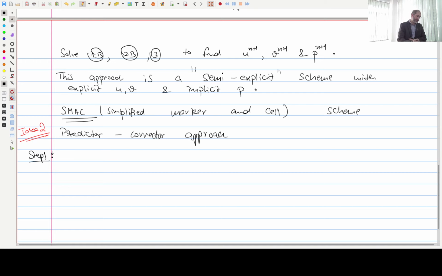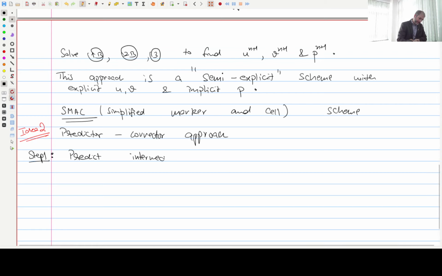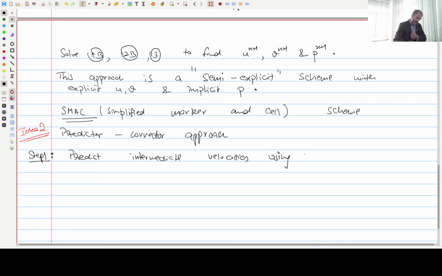So step 1 is to predict some velocities. They are not the correct velocities. They are not the un plus 1 and vn plus 1. They are some intermediate predicted velocities. So we'll predict intermediate velocities using equations for u and v velocities.